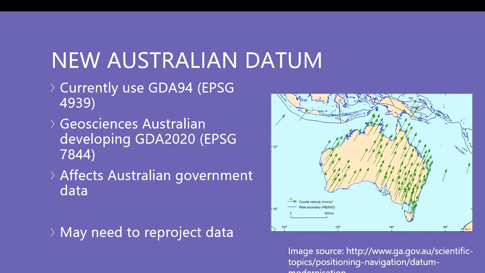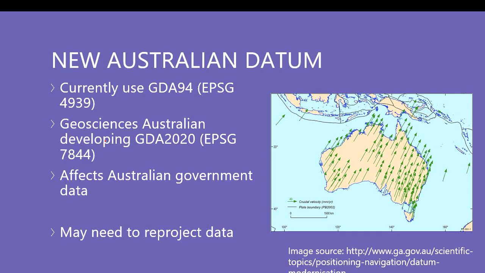Another thing that's happening in the spatial world, particularly for Australia, this actually gets into the details of geospatial analysis, is the tectonic plates are always moving, so much so that we actually need to create a new datum for Australia.